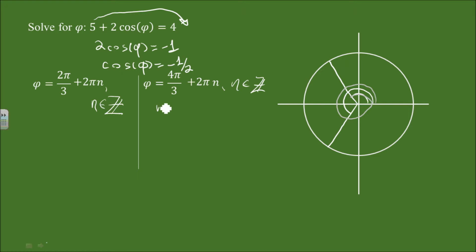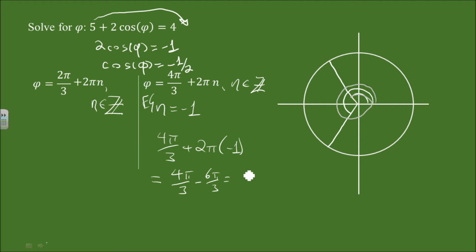So for example, if n is equal to minus 1, you would get 4 pi by 3 plus 2 pi times minus 1, which I'm sure you can calculate is 4 pi by 3 minus 6 pi by 3, and that is minus 2 pi by 3.